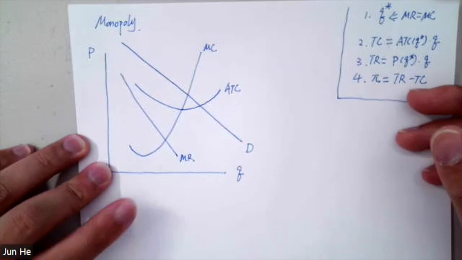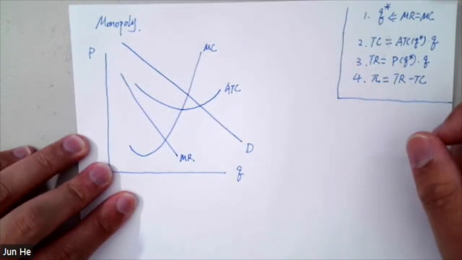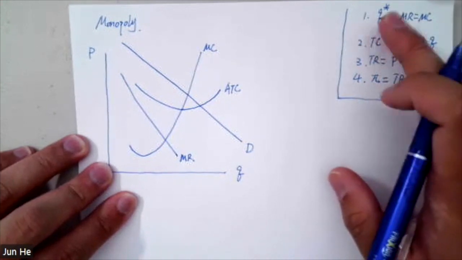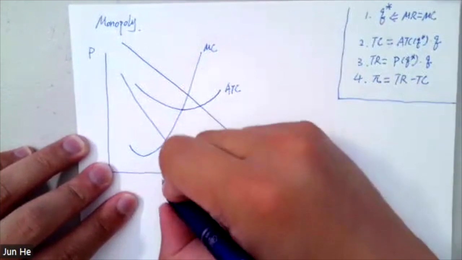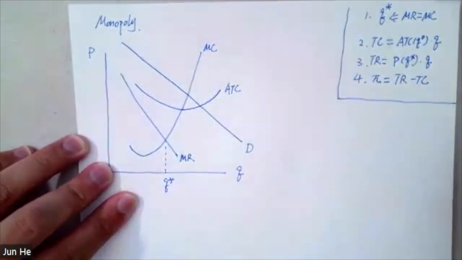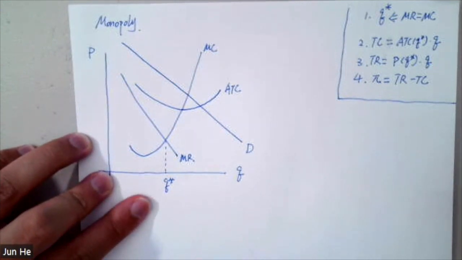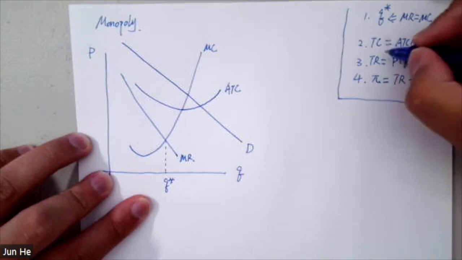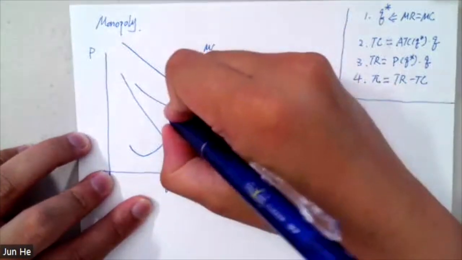All right, so now let's apply the 4 steps. First, you need to decide what is your decision. Marginal revenue equal to marginal cost, right? That's the profit maximizing decision, okay? Then under this production, what is the cost?